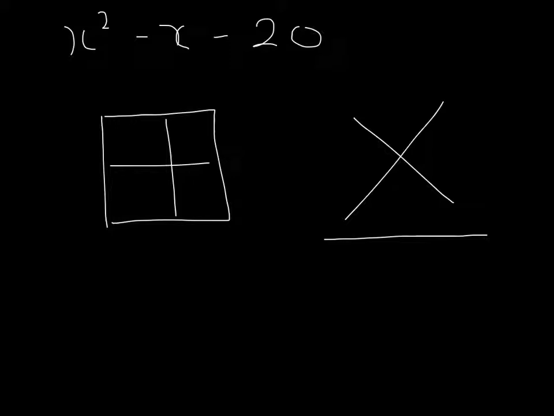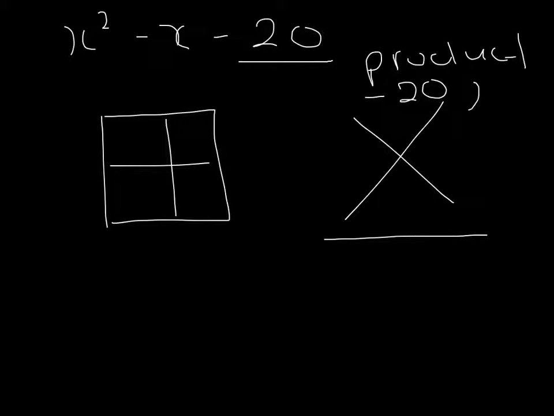In my diamond method, I'm looking for 2 numbers that are the product, or multiply together, to give me minus 20. In actual fact, it's minus 20 times x squared. So I'm looking for 2 terms that multiply together to give me minus 20x squared. It's minus 20 because remember there's a coefficient of 1 here.